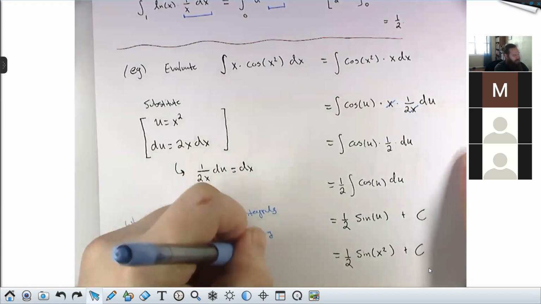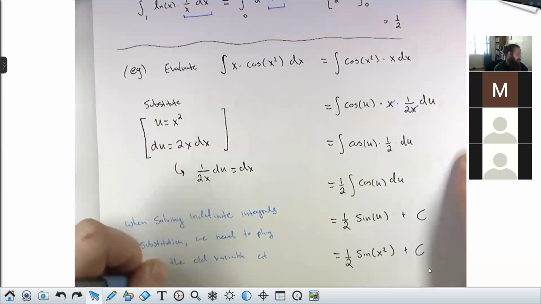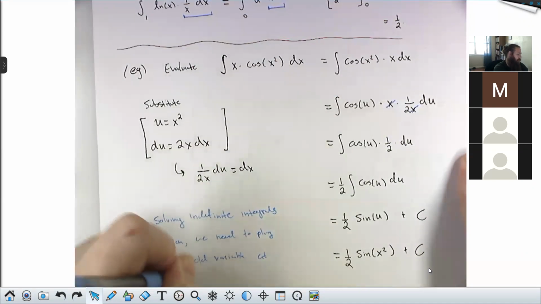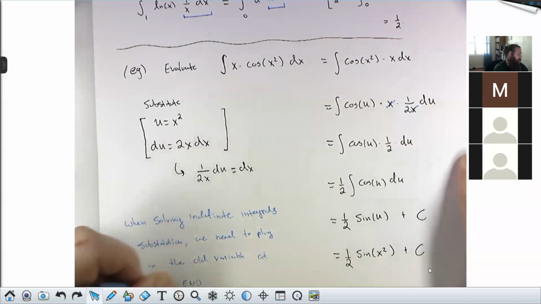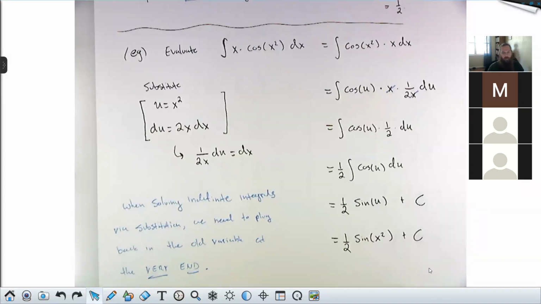But, and this is important, at the end. All right, we wait until the very end to do this. You can't plug back in the old variable before you integrate. That would never work, because then you'd have like cos of x squared du, which doesn't make sense. So after you take your antiderivative at the very end, that's when you plug back in the old variable.